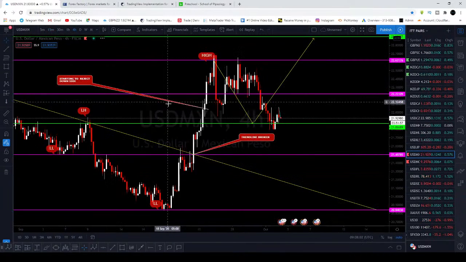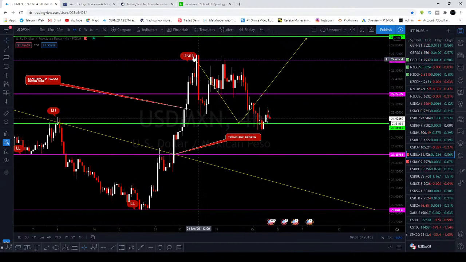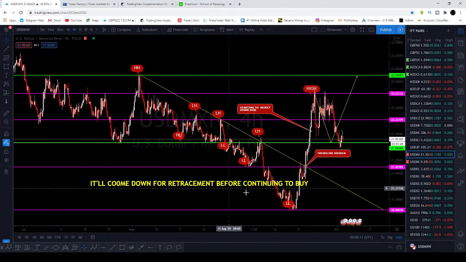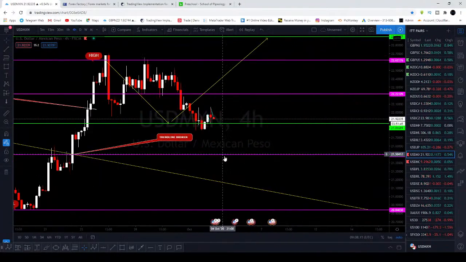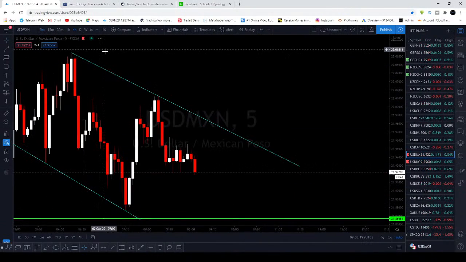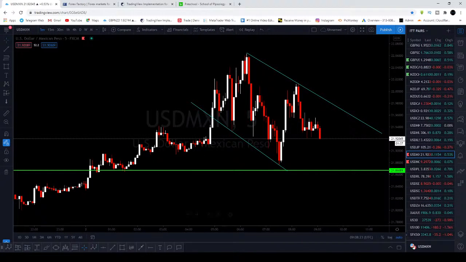According to my analysis that I did on the 4-hour time frame, you all see that this was just a retracement. Of course, I did it and I said it will come down for a retracement before continuing to buy, right? This analysis was done for my students and I sent it to them, right? So that's it for the USDMXN. I will wait for it to start buying before you can buy it.